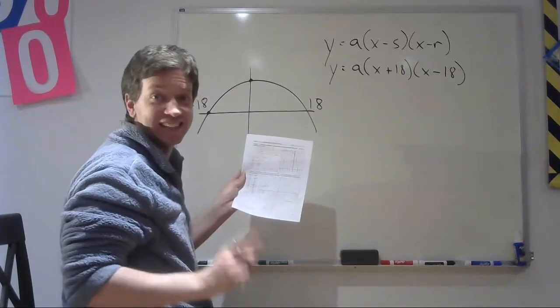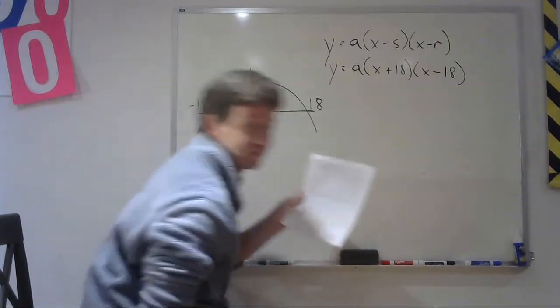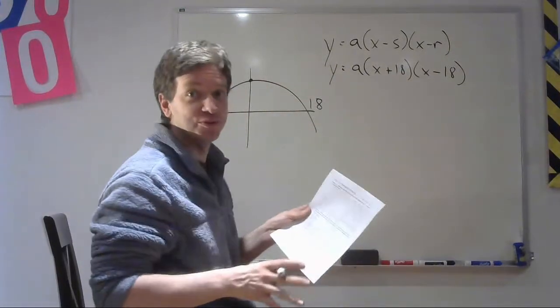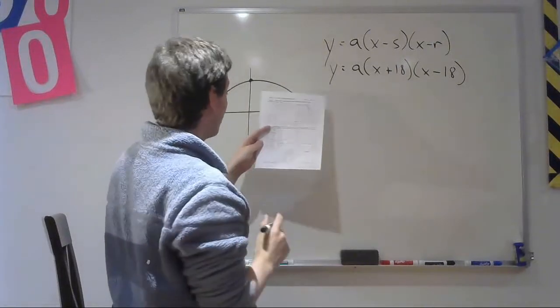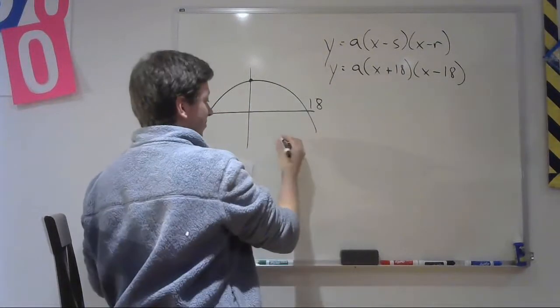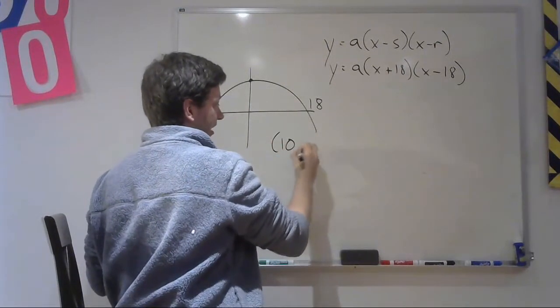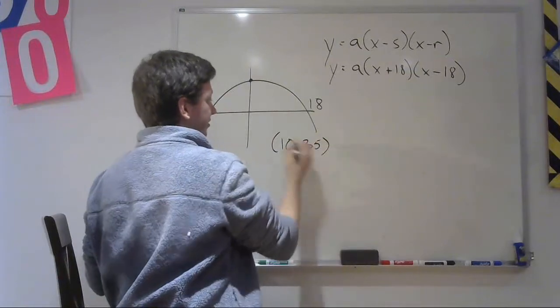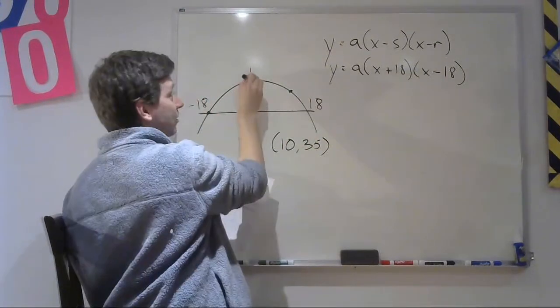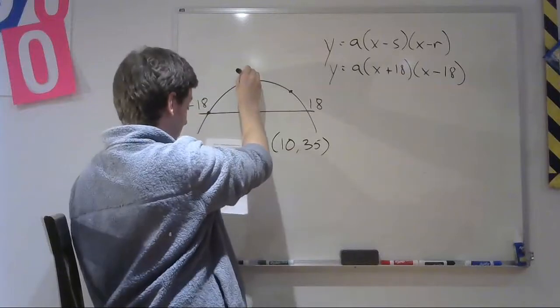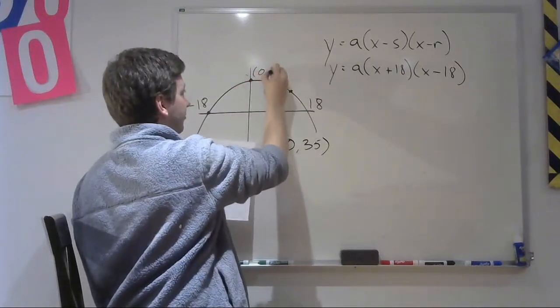And we should get the exact same value for a. Okay, this will be our little proof that you can choose any point you want. I'm going to do the bottom point, 10 and 35. So we have the point 10 and 35 somewhere probably here. I'm going to do that point. You do this point, which is 0 and 50.